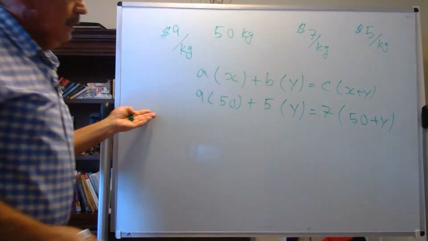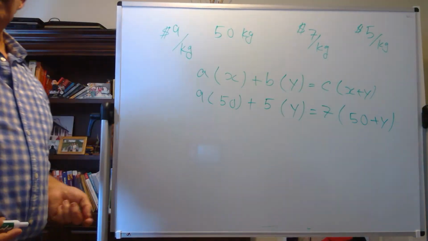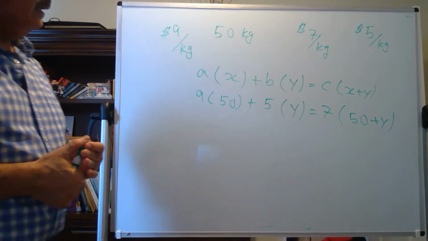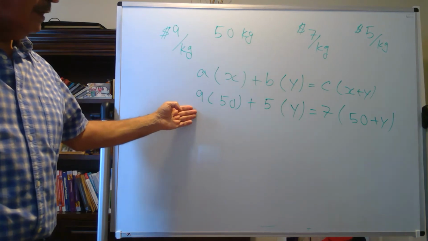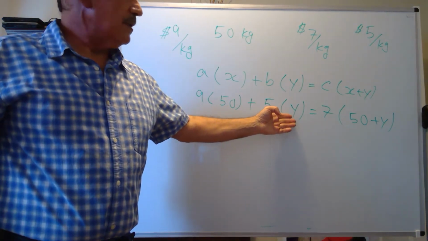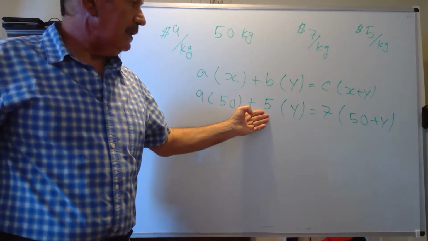Again, it's a simple equation that I can simplify and solve. I mix 50 kilograms at $9 per kilogram with Y amount. I don't know how much, but the price is $5 per kilogram.